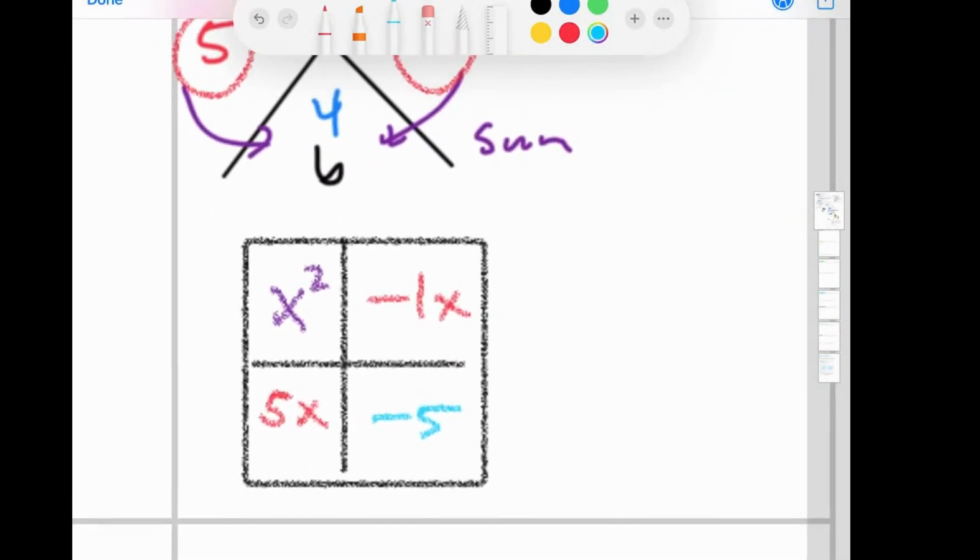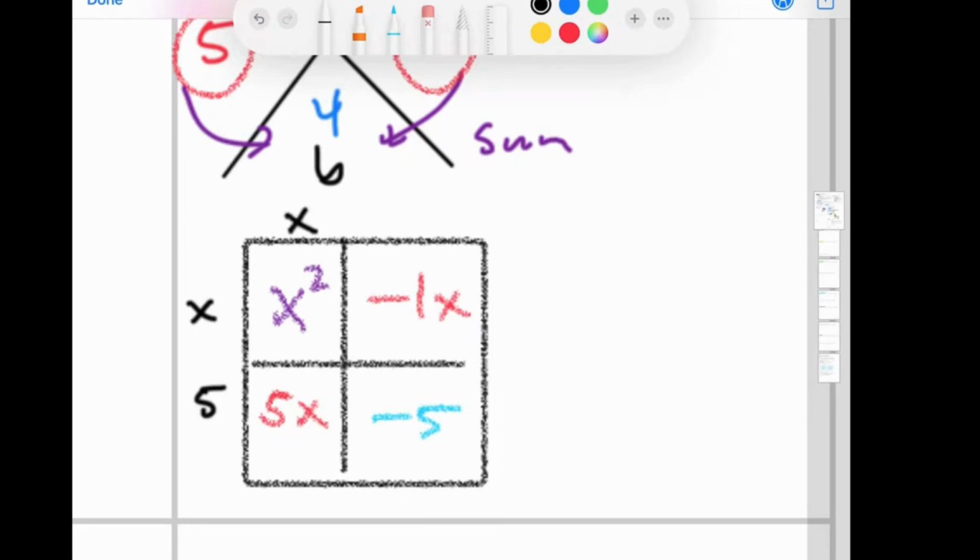Okay, what I'm going to do here is I'm just going to take out the greatest common factor. So what do they both have in common? They both have an x in common. Let's go down. 5x and negative 5 have something in common. That is a 5. If I go up to the top here, I'm trying to think of something of the column up and down, x squared and 5x. What do they have in common?